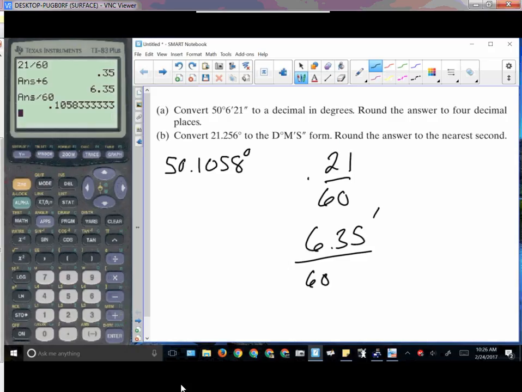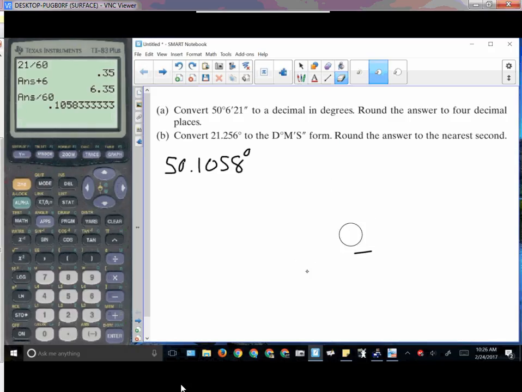Got that puzzled look on your face. Oh, okay. So what happens if we've got to go back the other way? Well, that's easier than you think. 21.256 degrees.